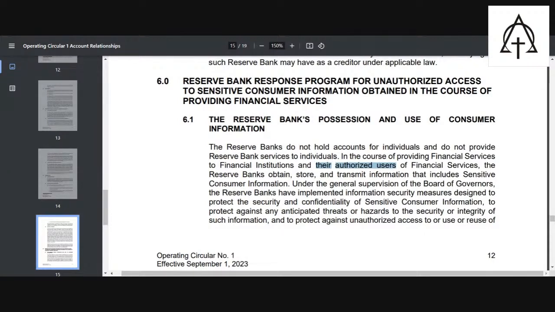Under the general supervision of the Board of Governors, the reserve banks have implemented, remember, contract terms and conditions required to implement statutes or executive orders, commercial items, commercial services. This is a contract form right before you. This is an offering. They're telling you what the conditions in the contract are.